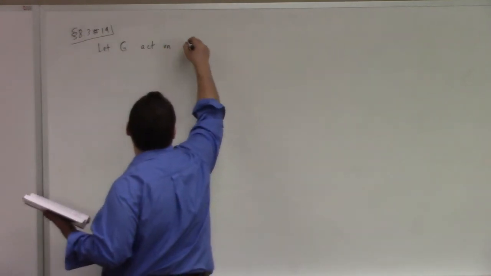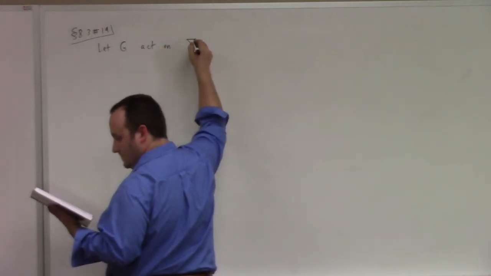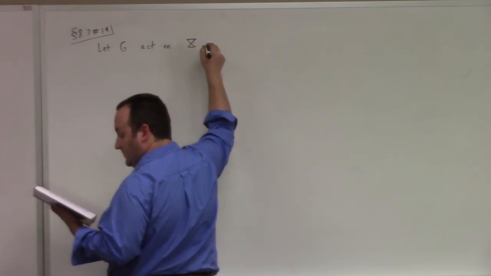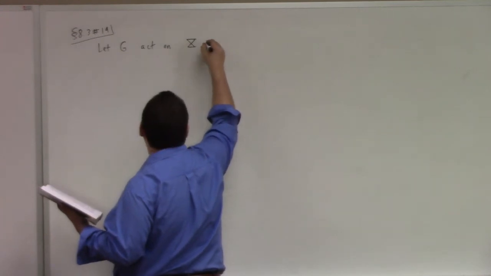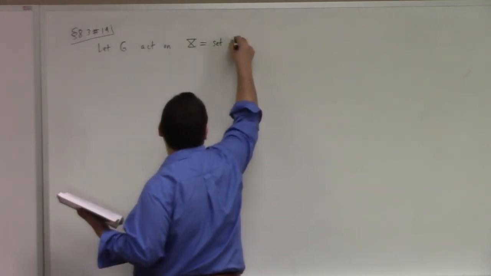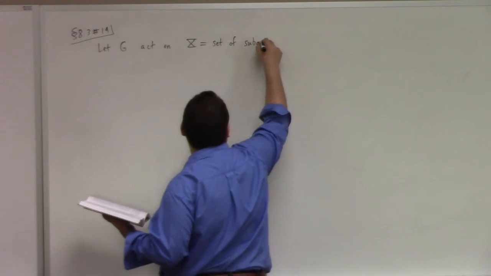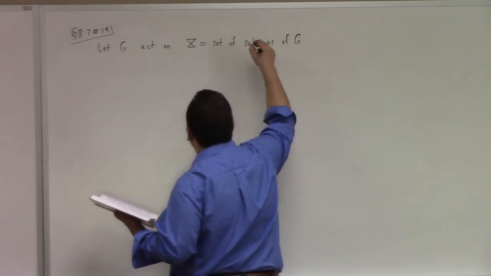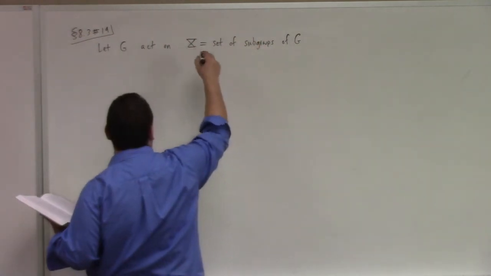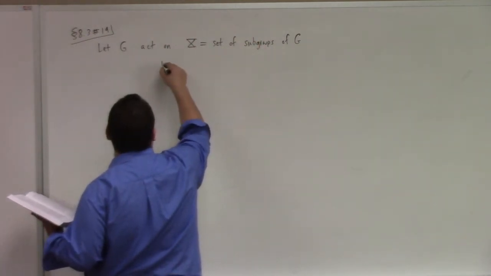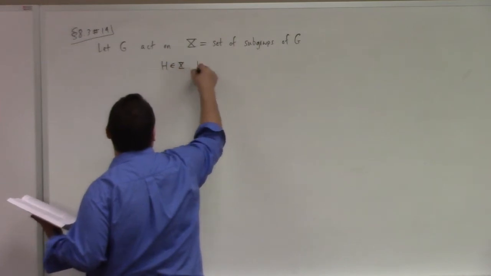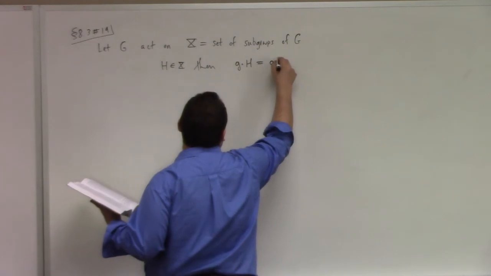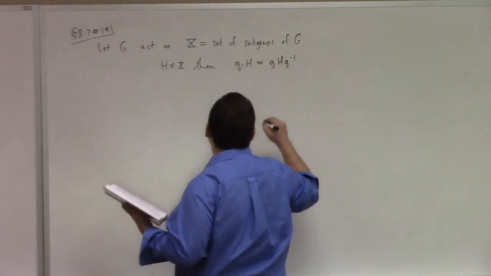No, subgroups. So X is equal to the set of subgroups of G. And so if we have H in X, then g dot H is equal to g H g inverse. This is the action, right?